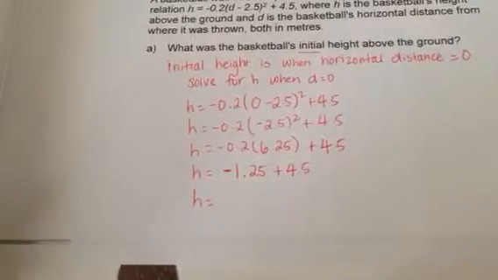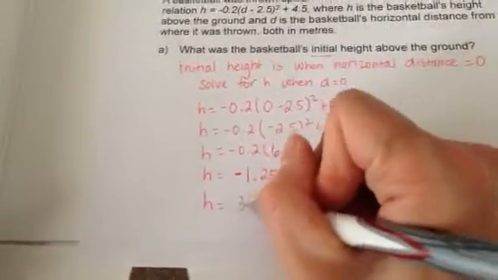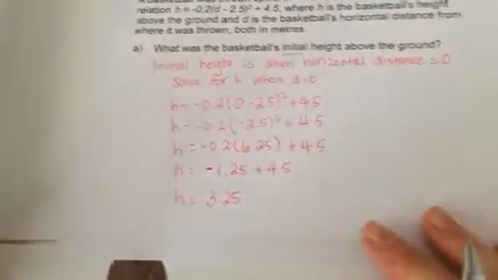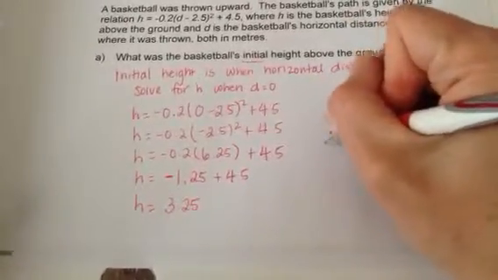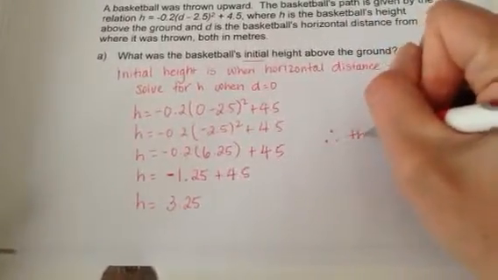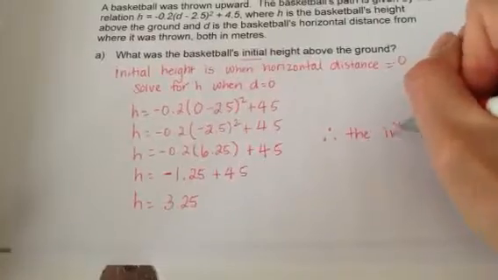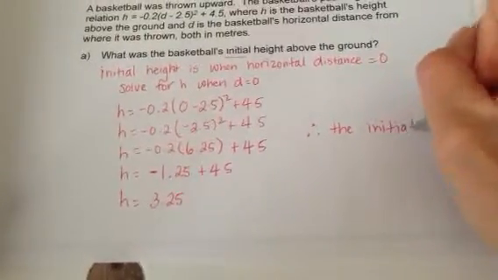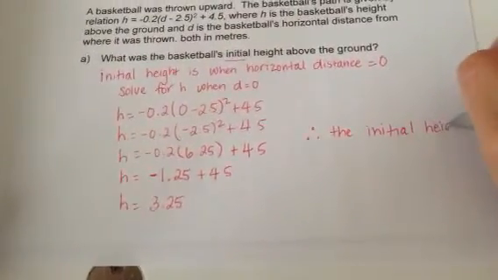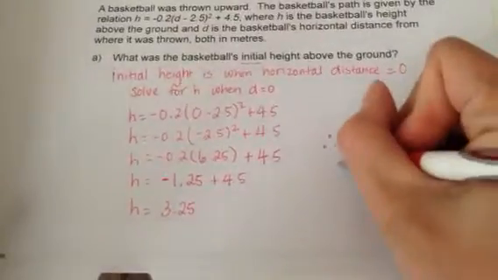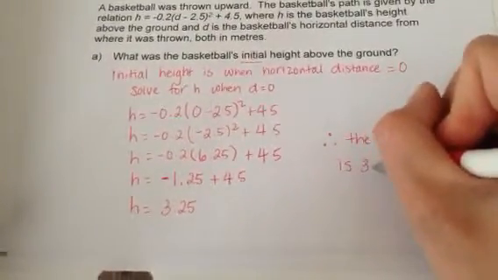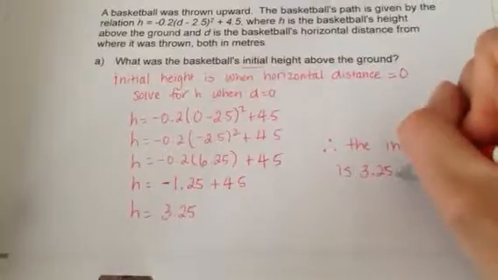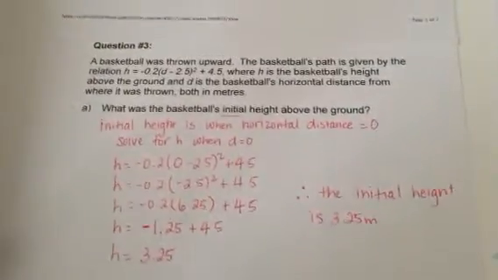And that gives us a height of 3.25. So therefore, the initial height is 3.25 meters. Okay, let's move on to question B.